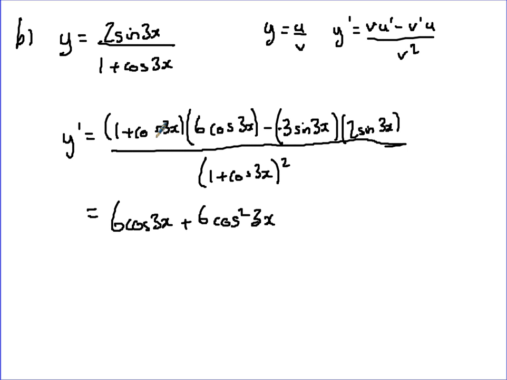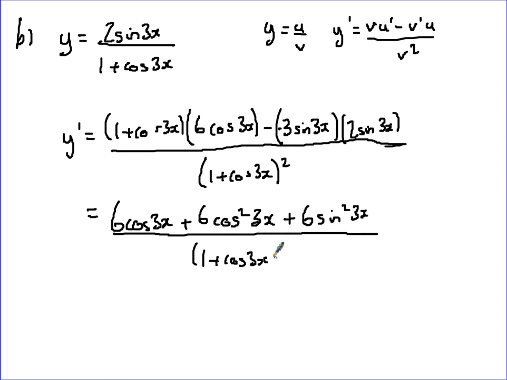Then we've got 2 minuses, which will make it a positive, so we've got a plus. 3 times 2 is 6, and sine 3x times sine 3x is sine squared 3x. One plus cos 3x squared on the bottom.